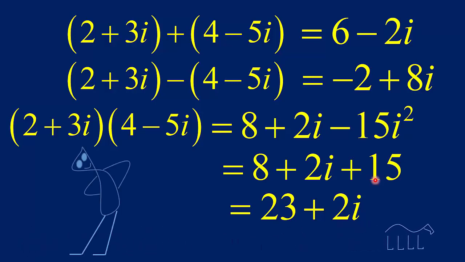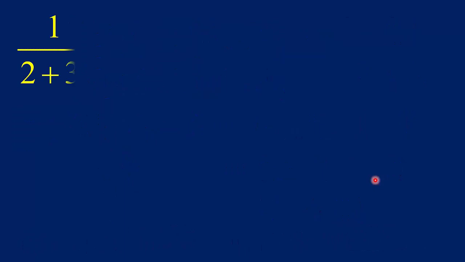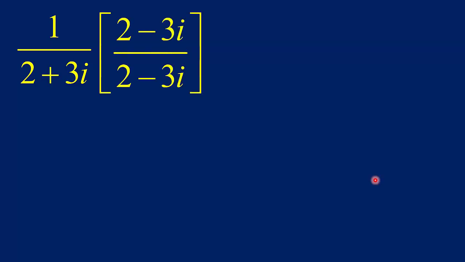Now, also remember, we sometimes see a situation like this where we have a complex number in the denominator, and maybe we want to rationalize that denominator. So what we do is we multiply top and the bottom by the conjugate.